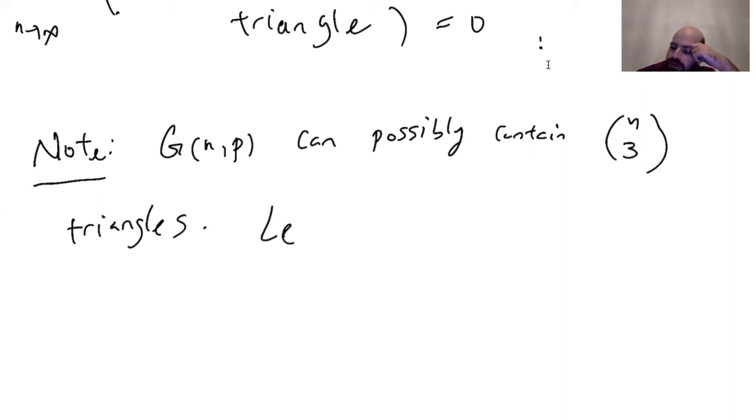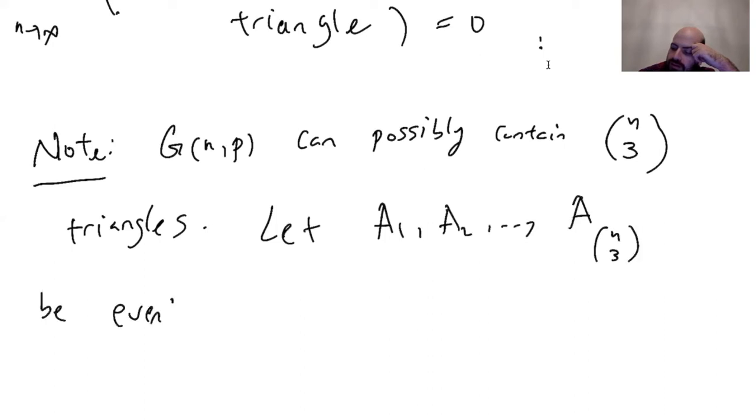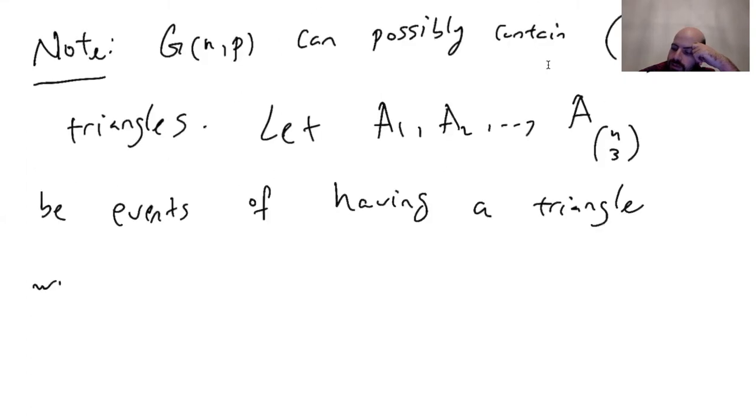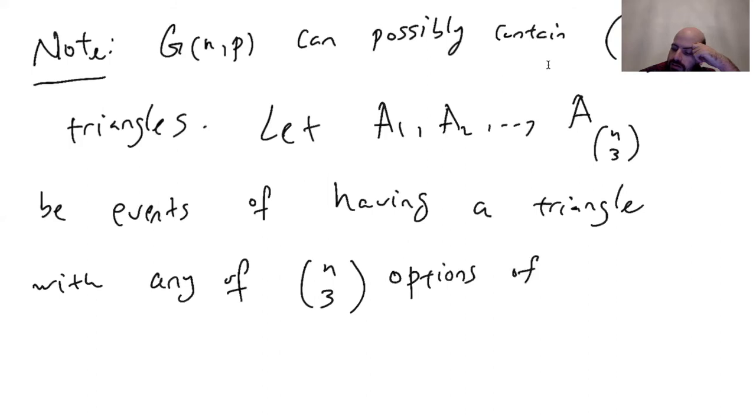So let's say A1, A2, all the way to A sub n choose 3 be events of having a triangle with any of n choose 3 options of vertices.